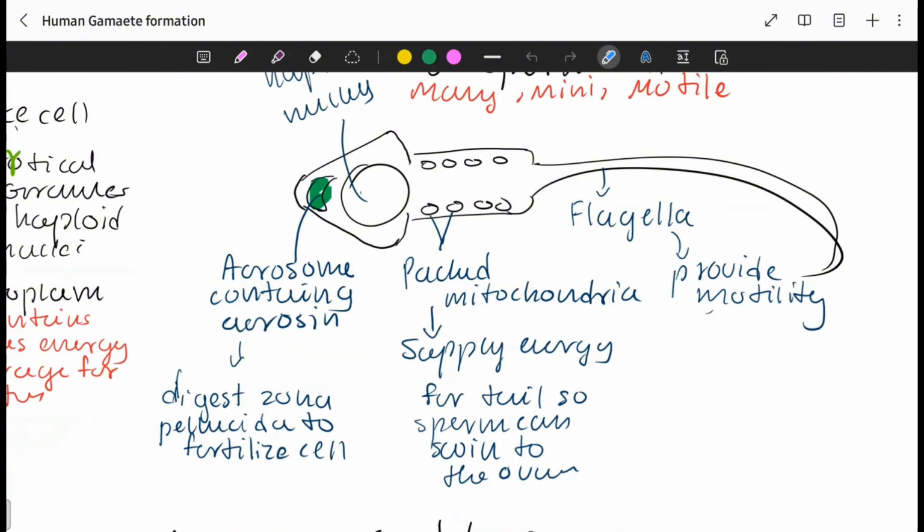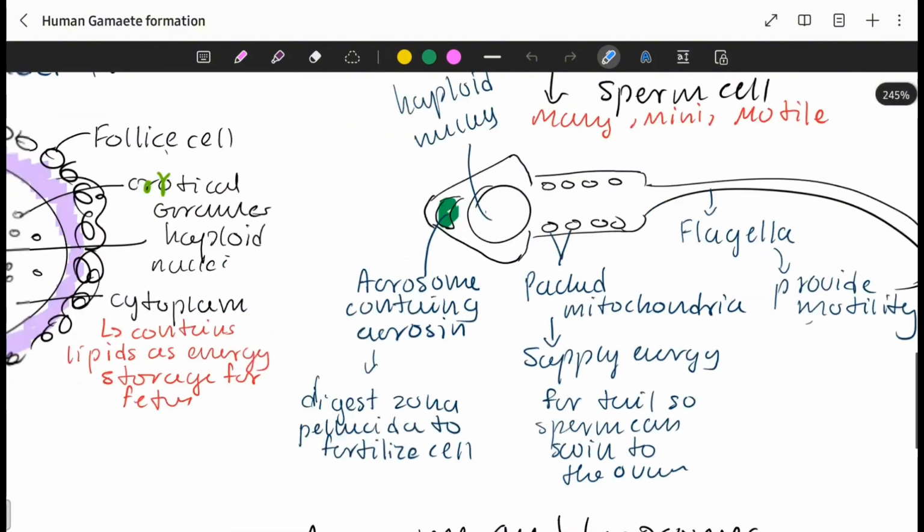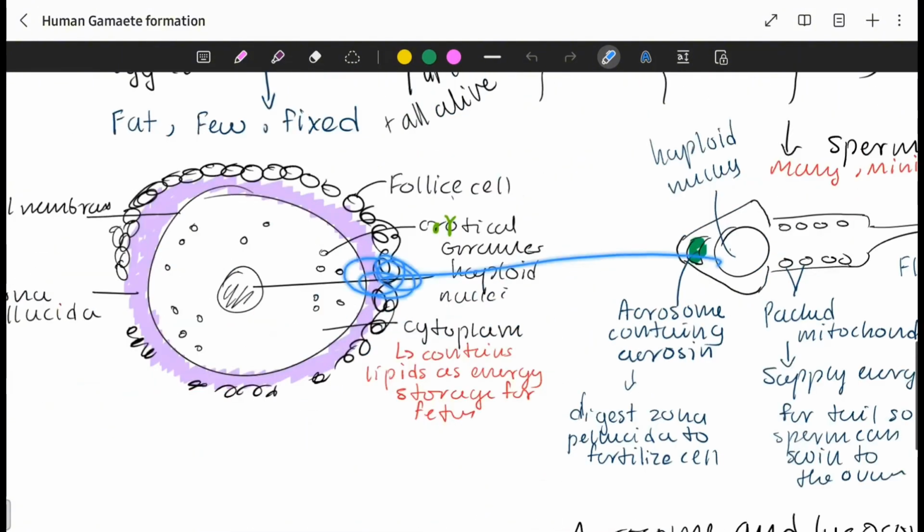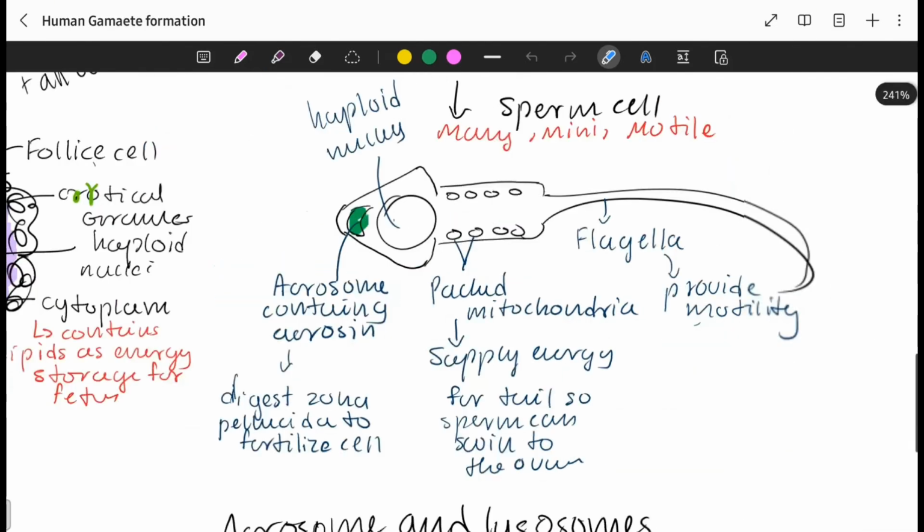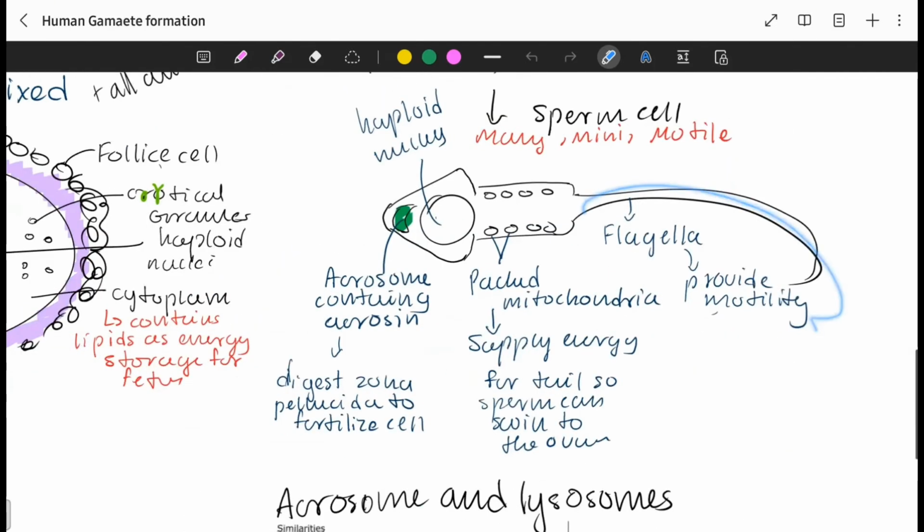The acrosome in the head contains acrosin, and it will digest the zona pellucida and fertilize the cell. So basically it will come here, digest the zona pellucida, and go inside. That's how it enters. The tail-like thing is the flagella, and that provides the motility. The flagella is what helps them move.